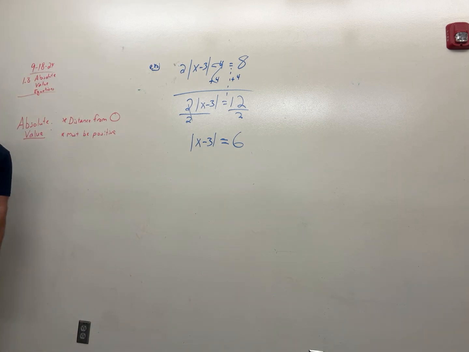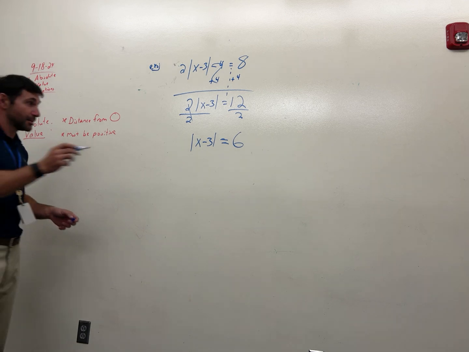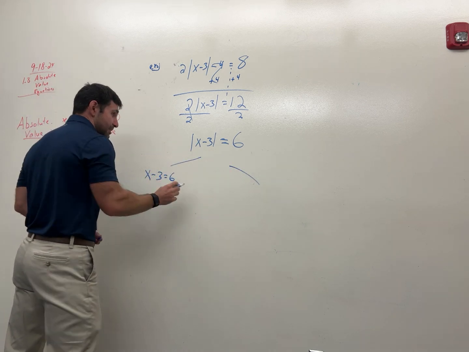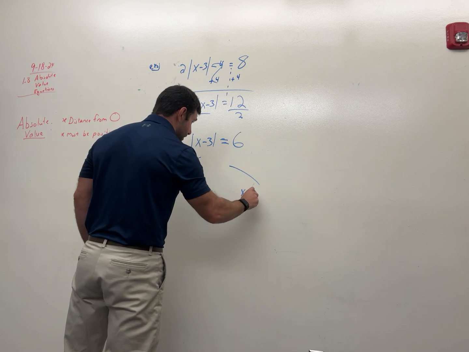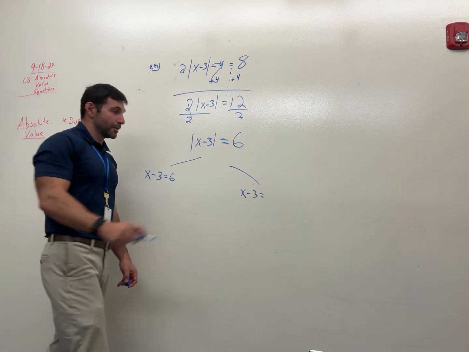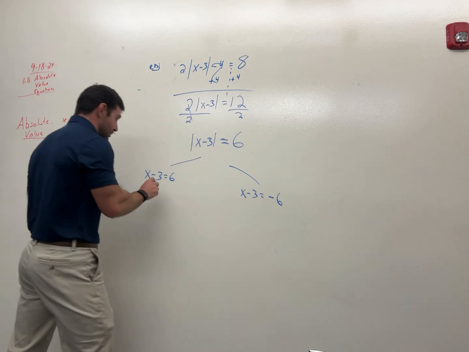Now, is my absolute value isolated? Yes. So we break it off. We say x minus 3 equals 6. And we say x minus 3 equals what? -6. Very good, -6.